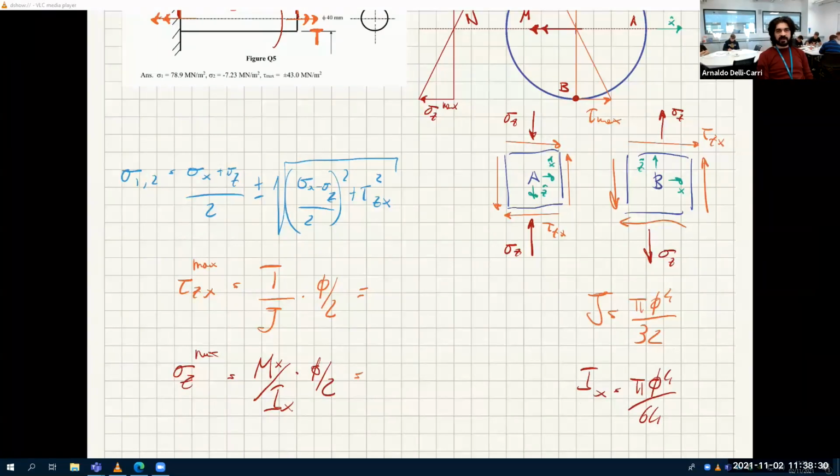I won't repeat myself because these are all the same things. Yes? 23.87 for the shear stress. And sigma z max for the other one is 71.62.